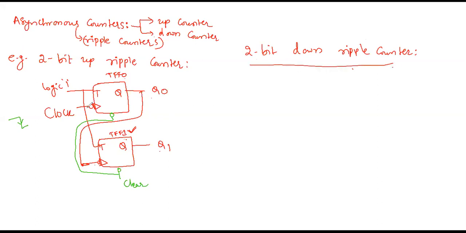You can get the 2-bit down ripple counter by changing the negative edge triggering clock to positive edge triggering clock. Same diagram, but instead of negative edge triggering, just keep positive edge triggering.